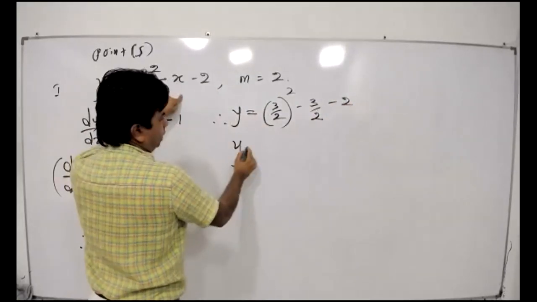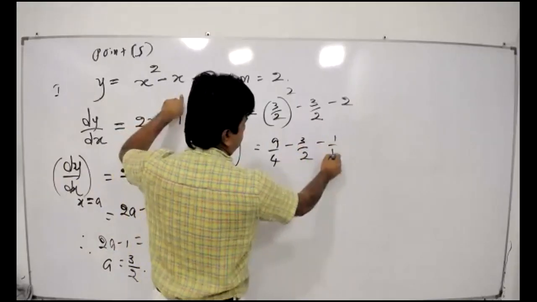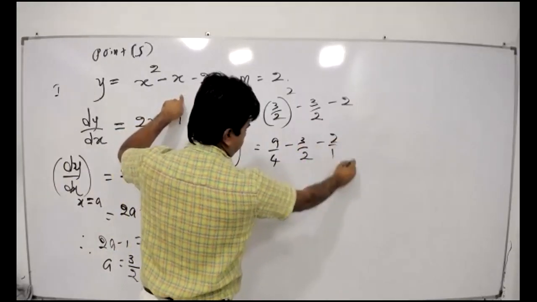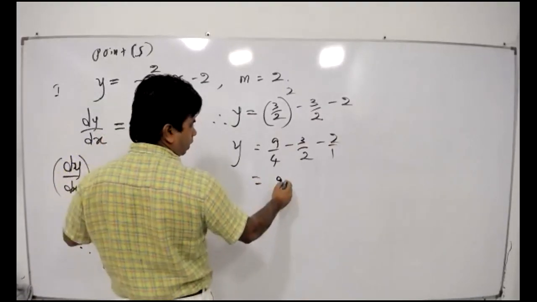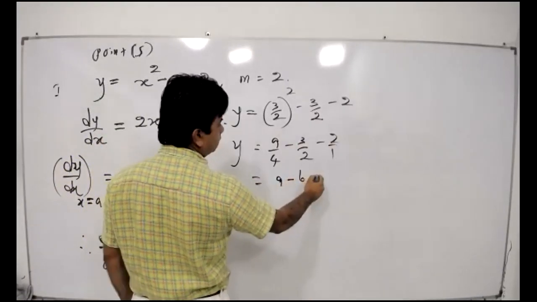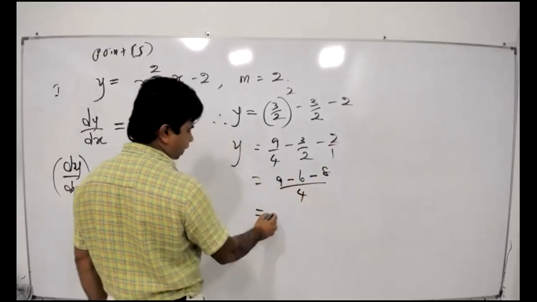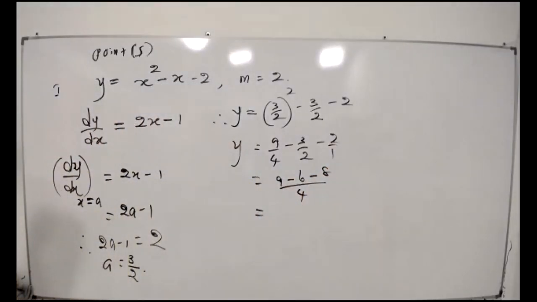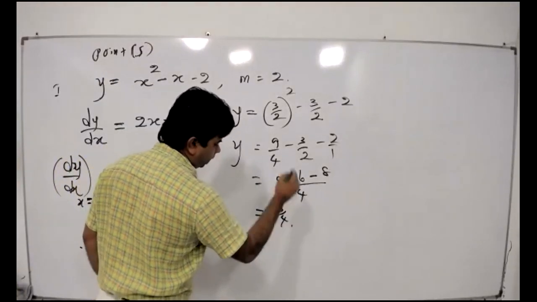That means you get 9 over 4 minus 3 over 2 minus 2. The common denominator is 4, then 9 minus 6 minus 8 divided by 4. So what is the answer? Minus 5 over 4.